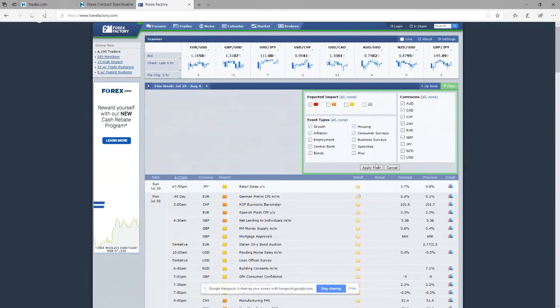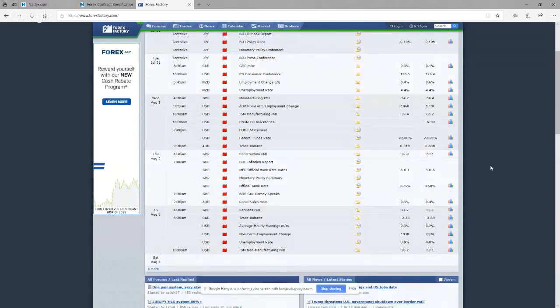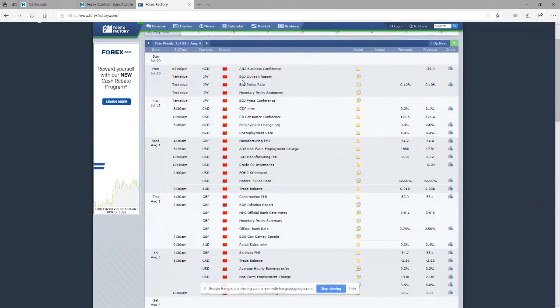And we're just going to look at the red ones. Apply filter. So we have the Bank of Japan outlook report, policy rate, and monetary policy statement tomorrow night. Usually it's between 11 and 12. Sometimes it's 1 o'clock in the morning. Then we have the press conference.